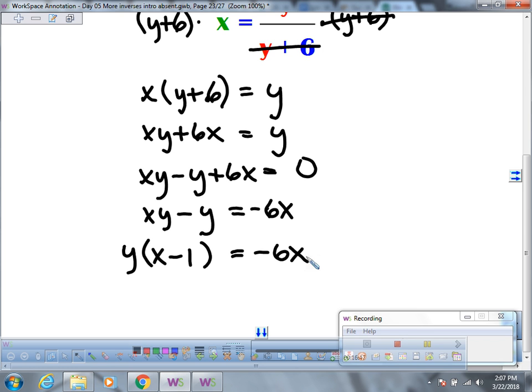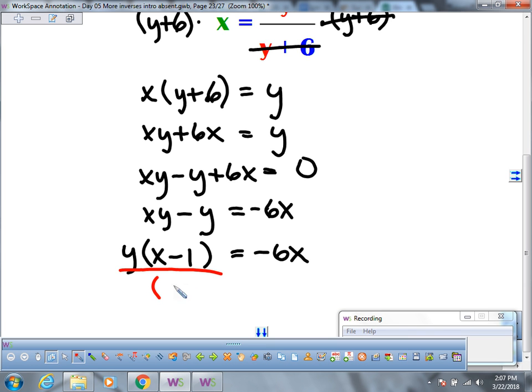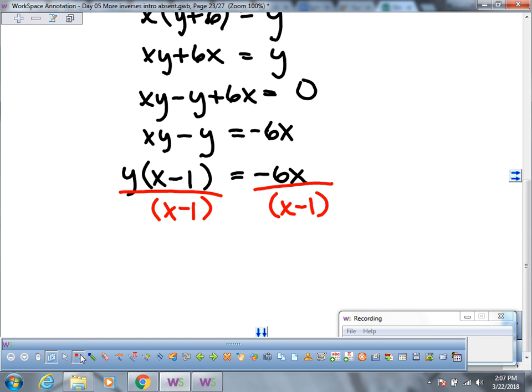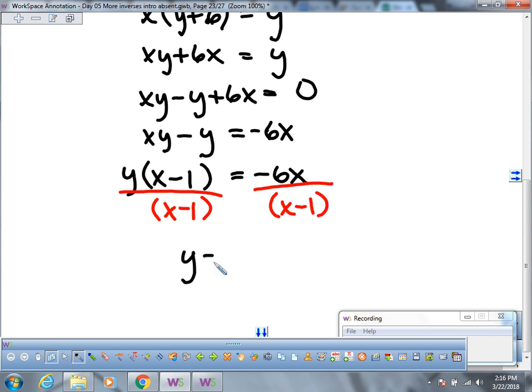Because y times x is xy, and y times negative 1 is negative y. Okay? Now, I can divide by x minus 1. And now I have solved for y. Okay?